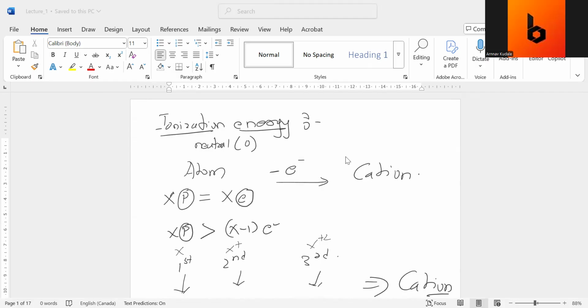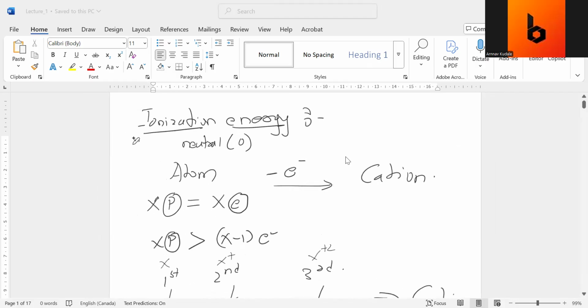As you can see on the screen, I have written ionization energy, and I have written that there is an atom. From that atom, you remove an electron. If you remove the electron, you convert that atom into a cation. So ionization energy is the energy required to remove this electron from a gaseous atom.